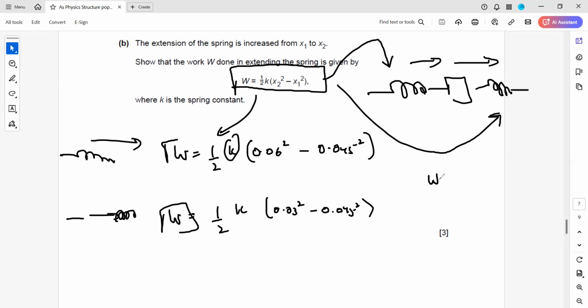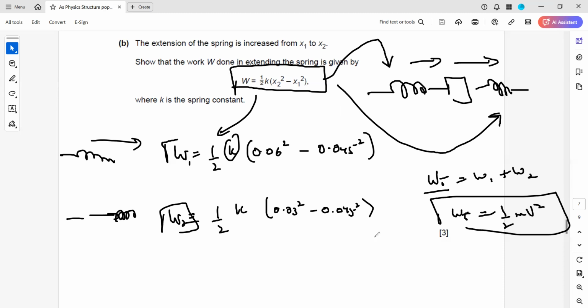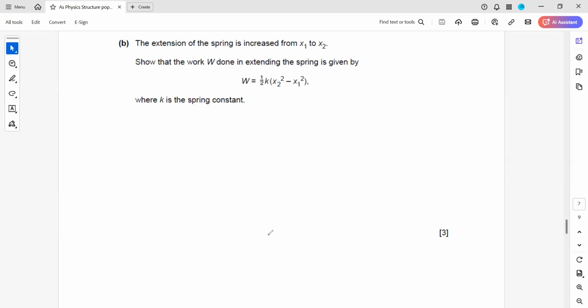That will give us the total work done, which is W1 plus W2. Then the total work done will be equal to kinetic energy, that is half mv square. Is it clear? Any doubt in this? Any question or doubt?